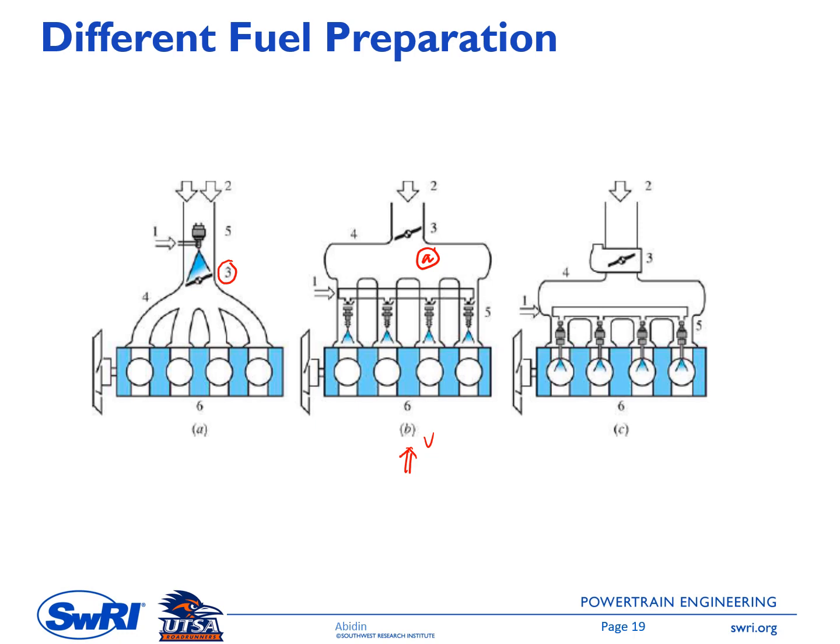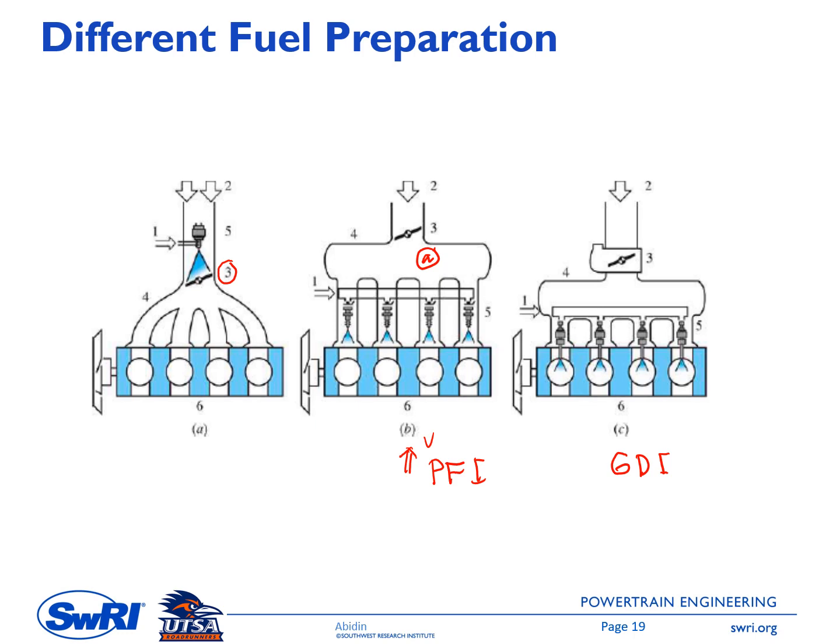This configuration is called GDI, gasoline direct injection, and this one is called PFI. For sure, configurations B and C are more expensive than configuration A because you will need more injectors, and injectors are also pricey.